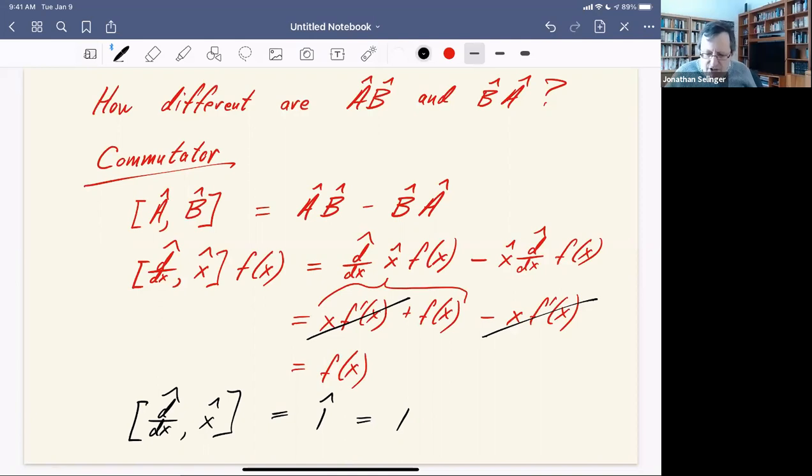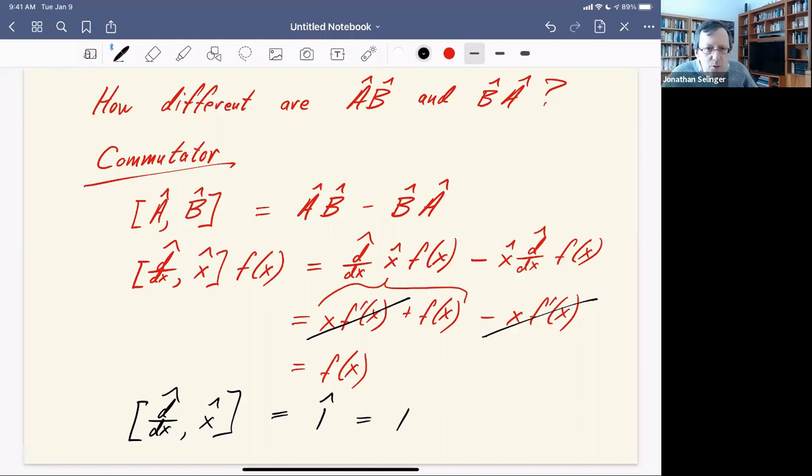So you'll notice that the way I got to this step is by letting the commutator act on a test function, f of x, and seeing what happens to the test function. You really have to go through that step.